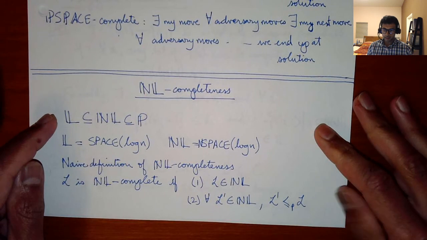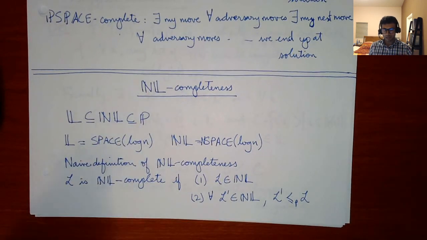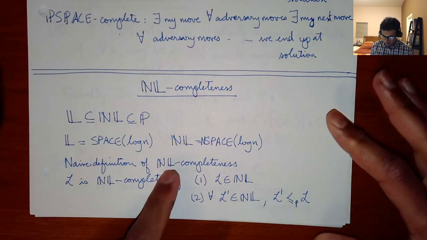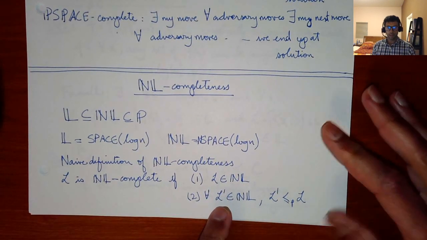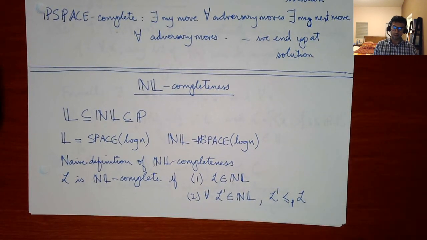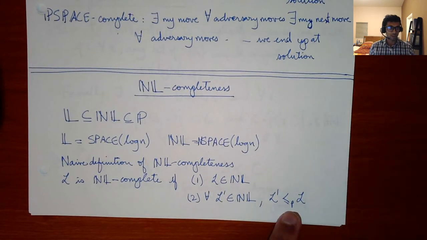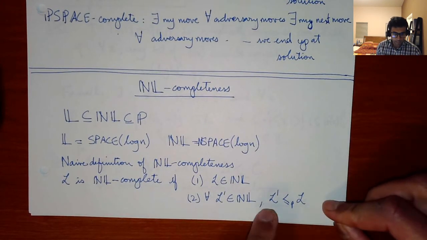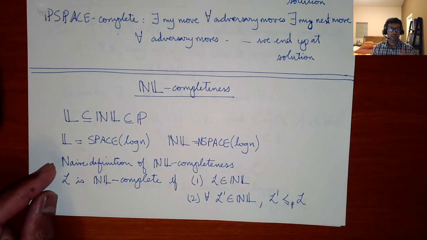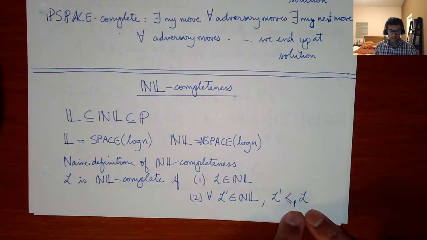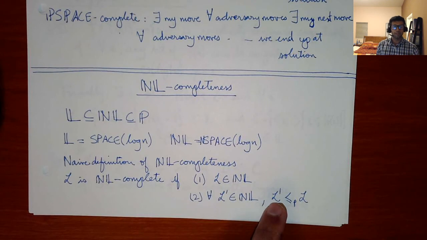Okay, so L is in NL, and NL is in P. Now, the naive definition of NL-completeness would be as follows: L is in NL, and for all L prime in NL, L prime reduces to L in polynomial time. The problem with this definition is that NL is itself contained in P. What this would mean is that in polynomial time, you could just decide L prime, and so you end up with trivial reductions.